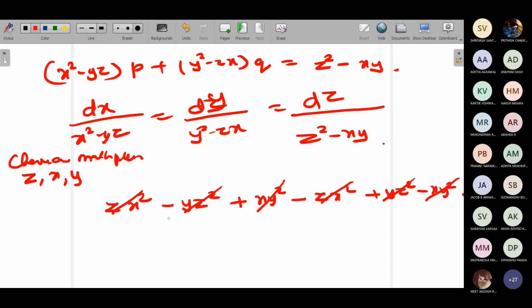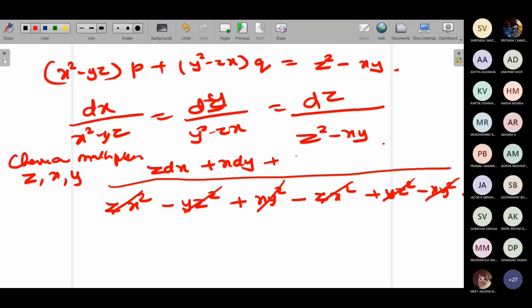So we can choose multipliers. Okay, zxy. So in that case, shall I write the numerator directly? The numerator will become z dx plus x dy plus y dz.